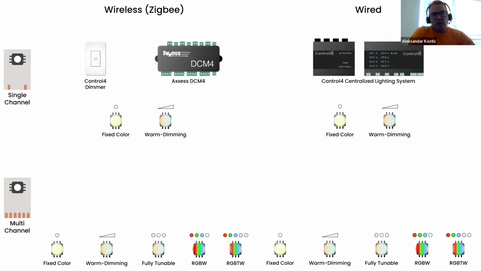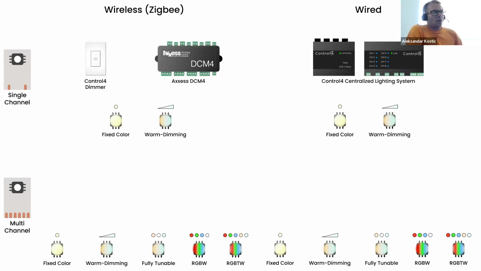Also, what we have from a relatively new product from the Vibrant product portfolio is DCM4, which is a 4-channel hub connected wirelessly over Zigbee to the Control4 controller, where you can connect up to 4 single channel LEDs.